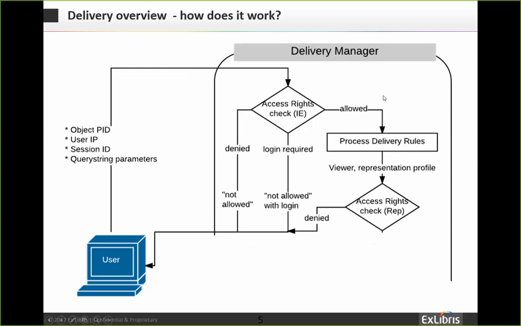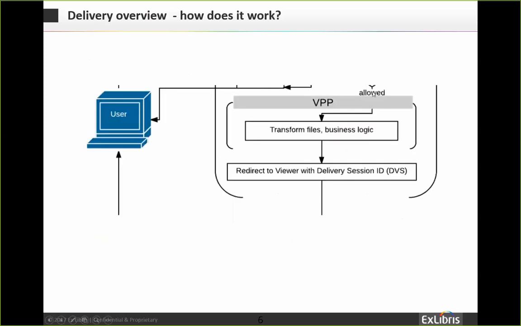Then we'll go on to the next part. If he is allowed, so we passed all the access rights, whether on IE level or rep level, and we have a specific rep or several reps of this IE that can be viewed, then we will go on to the VPP part. A viewer can have a VPP affiliated with it, but doesn't have to.